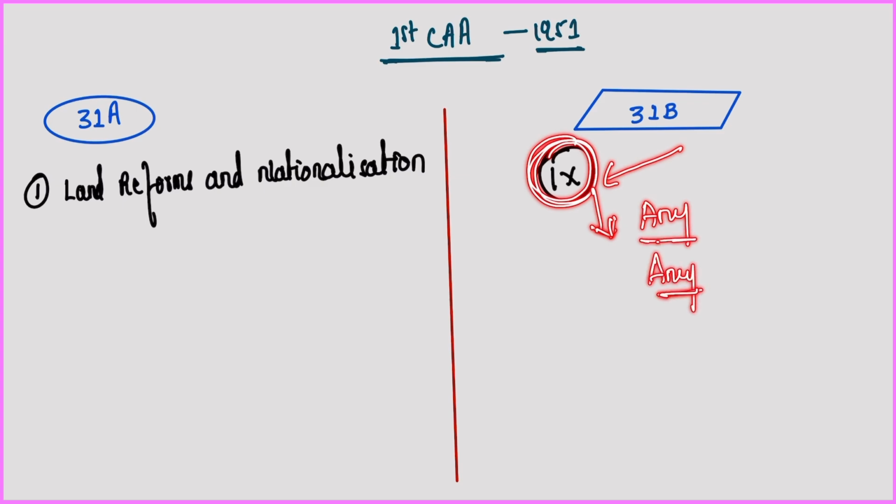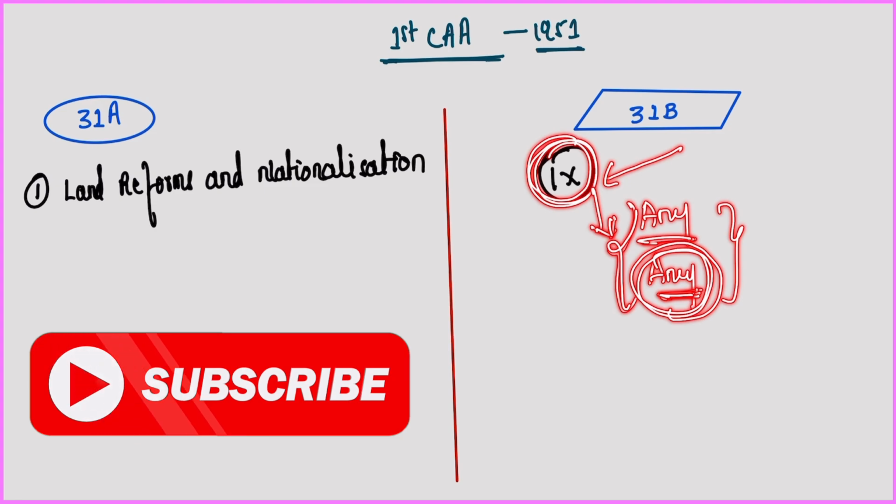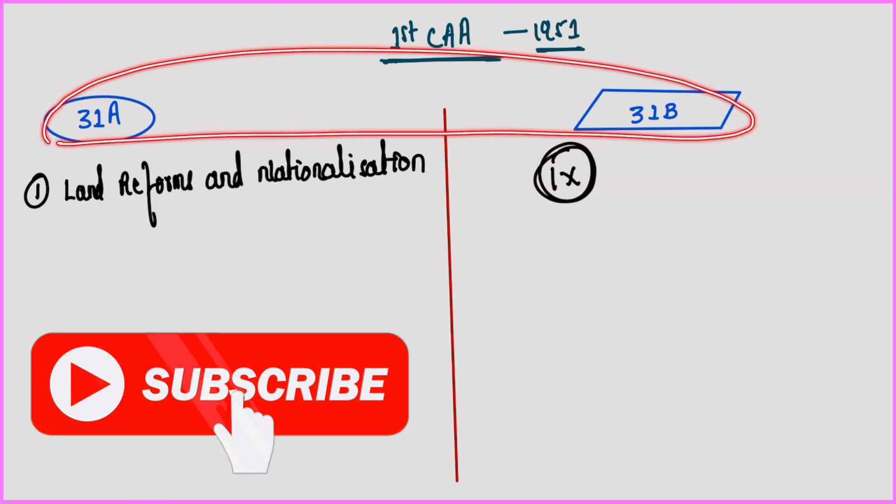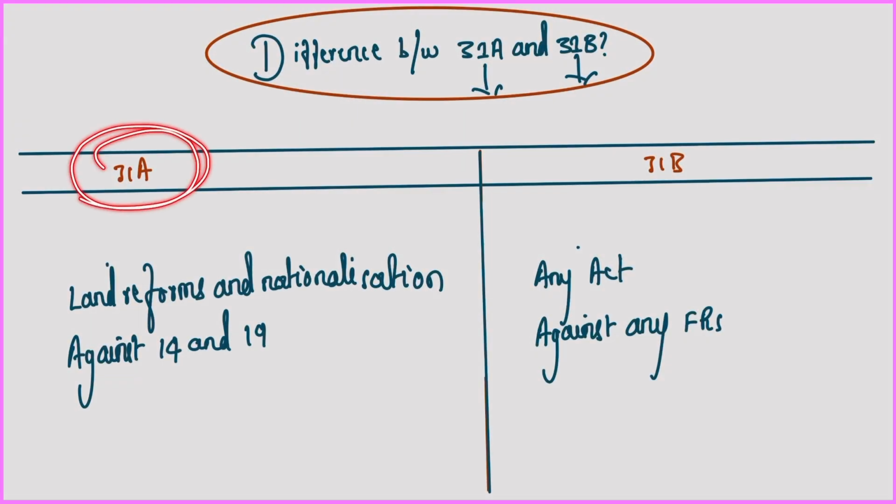So, the government undertook a preemptive action to protect social welfare legislations from being challenged in any court for violation of not just 14 and 19, but any fundamental rights. Right? Now, let us understand, in a chart, what the differences are between Article 31A and B. As I told you, 31A is narrow in two senses.